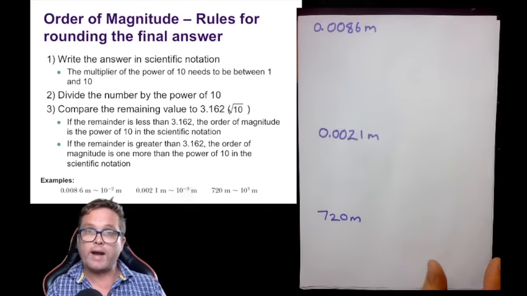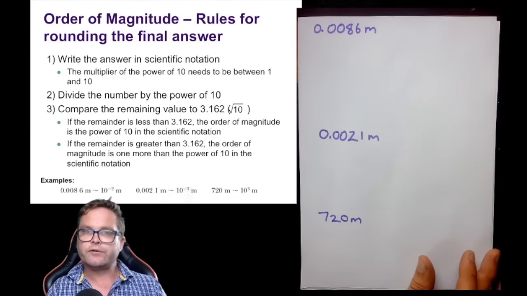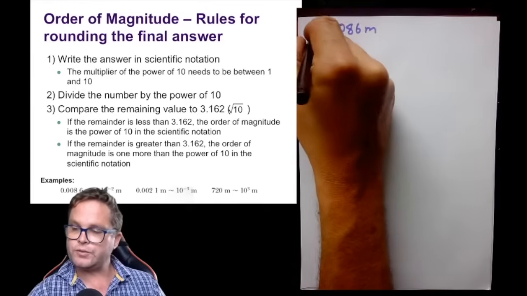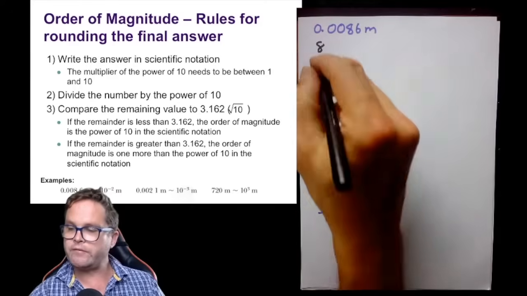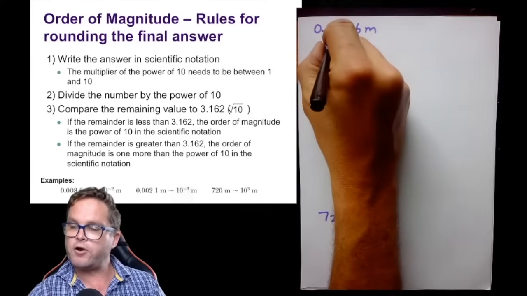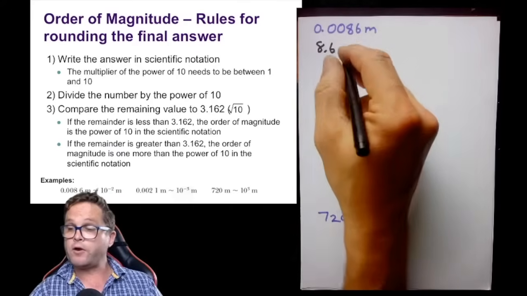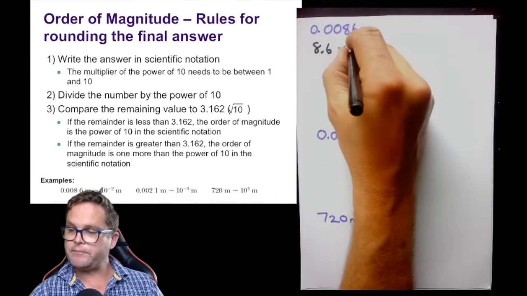Under step 1 it says write the answer in scientific notation. Scientific notation means that we have 1 digit followed by a point, followed by the remaining digits, and then times 10 to some power.